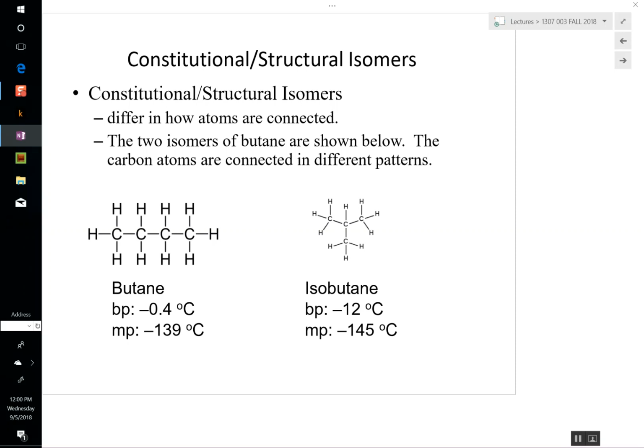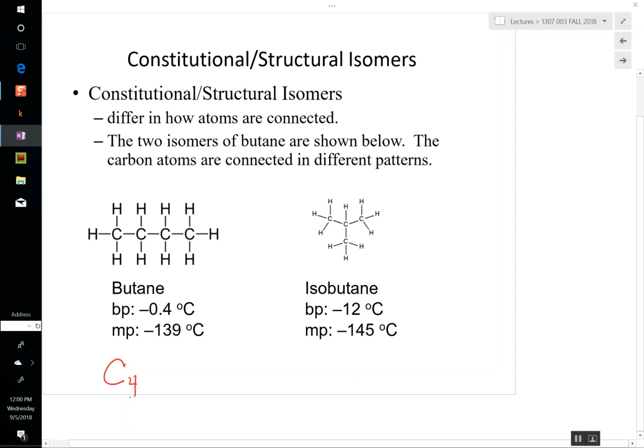Isomers. What is an isomer? Isomers are two molecules that have identical molecular formulas but different structures. So let's take a look at the molecular formula of butane. 1, 2, 3, 4 carbons. This is its molecular formula.